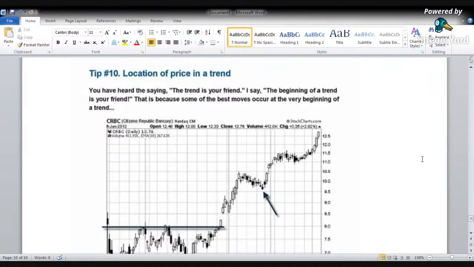Because if you ride in a correct entry, so the trend is your friend. Okay. Because you will gain a profit. But if you ride and enter in a wrong entry, of course, the trend is not your friend. Okay? It's very clear. The beginning of a trend is your friend.